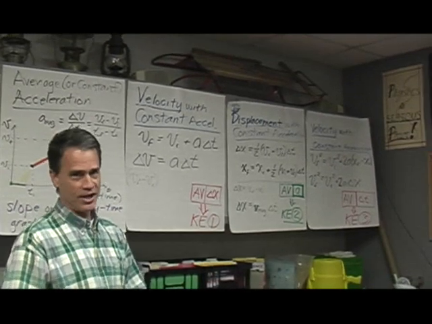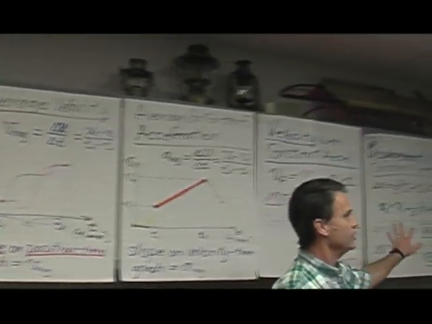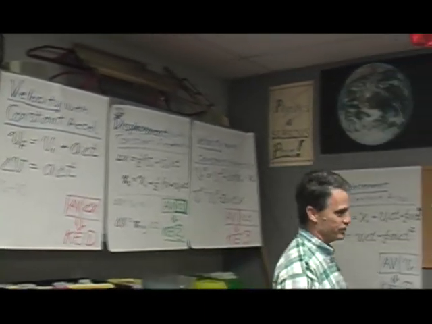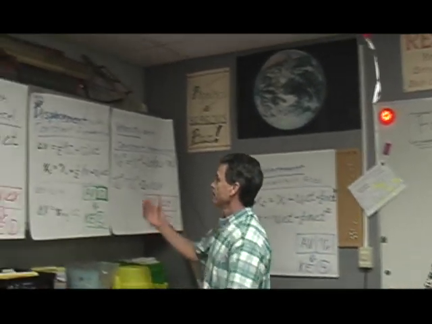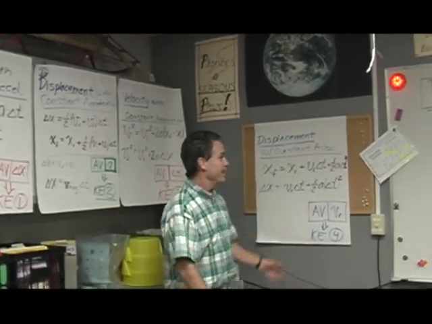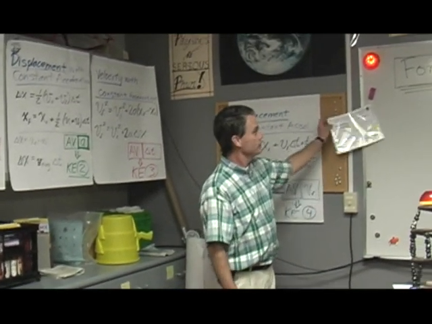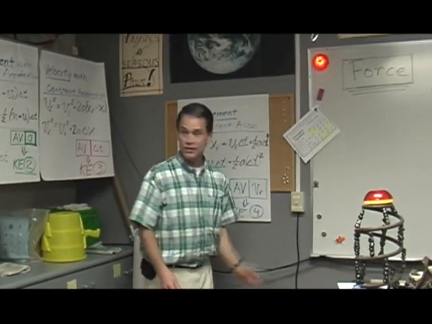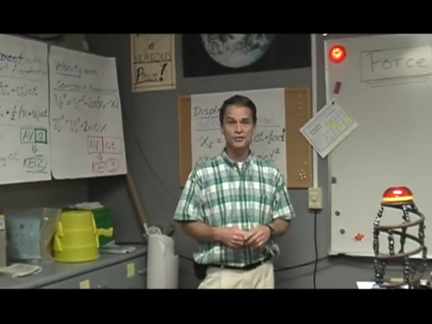Then we applied those concepts of acceleration, velocity, and change of position or displacement using these four equations and solved problems involving these different variables, and we were able to use the method of the absent variable to solve any of these different equations and know which one to use.